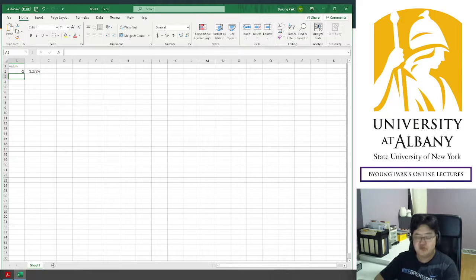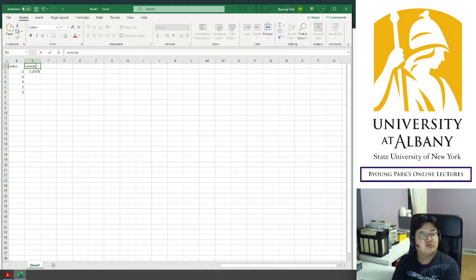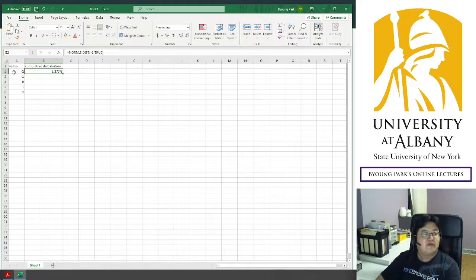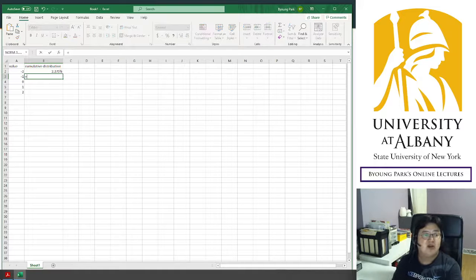And similarly, I will evaluate. So this is the cumulative distribution. So given a value, I calculated the cumulative distribution. I will do the same thing.